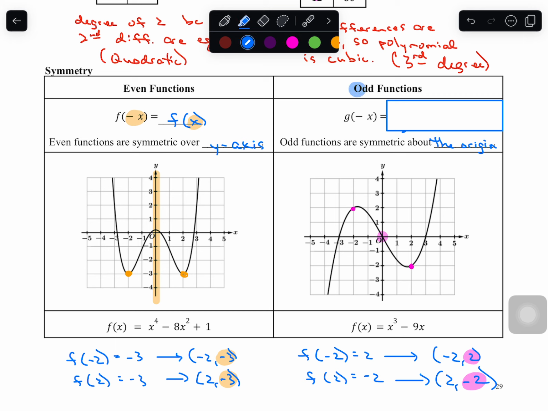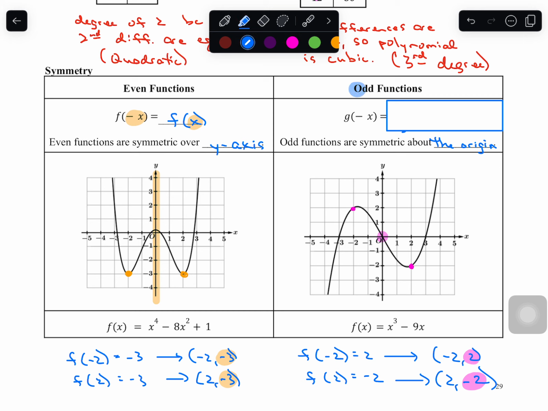So there's 4 O's in a row: odd, origin, outputs, opposite. That really does help me to distinguish the difference between even and odd. And then the fancy notation for this one would be that when I plug in that -x, I get the opposite of f of x.